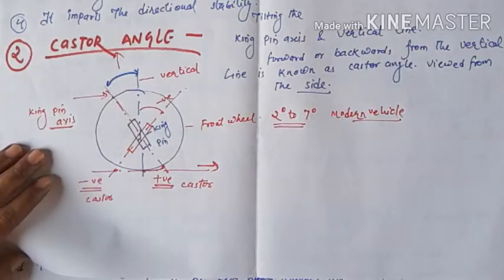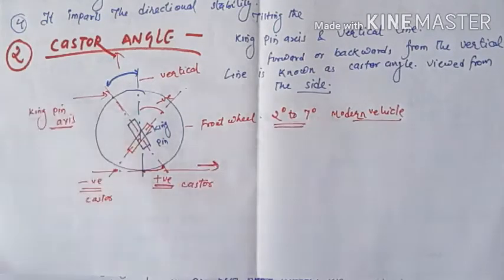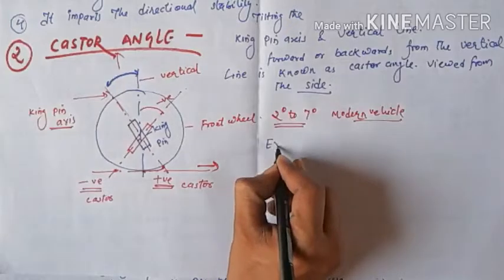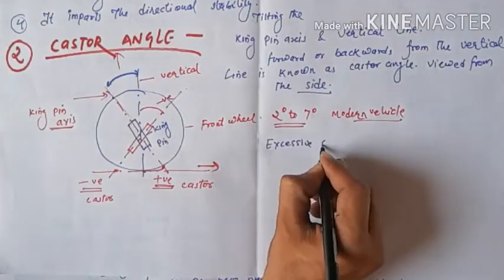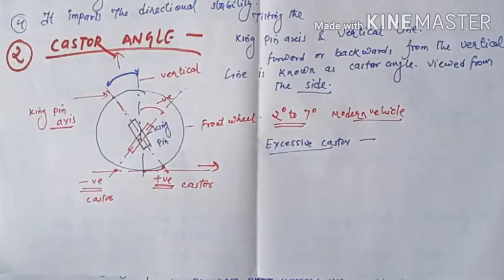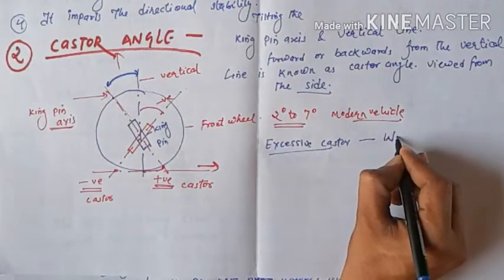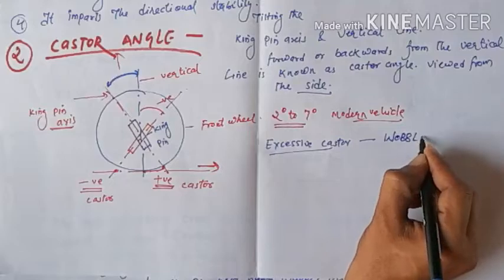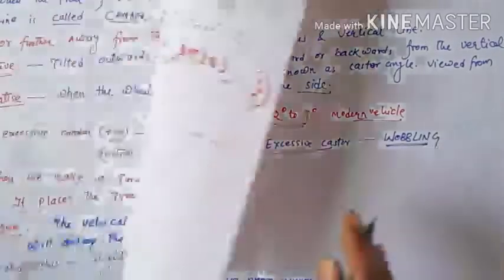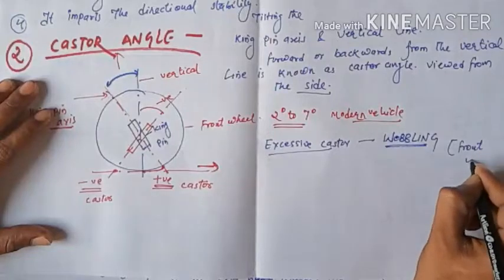Because of excessive camber, we face wear, but because of excessive caster, remember, we have a problem of wobbling on the front wheels. Wobbling, remember, excessive caster, we have a problem of wobbling on your front wheel.